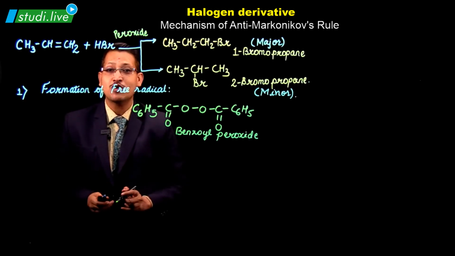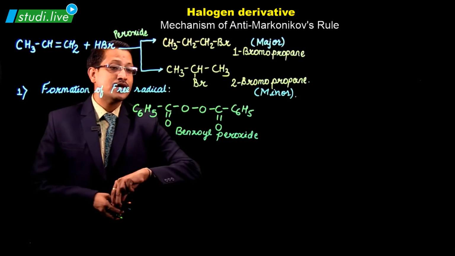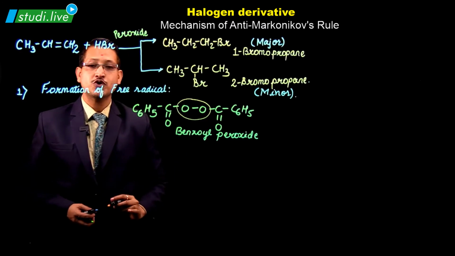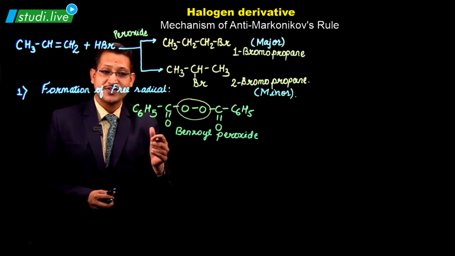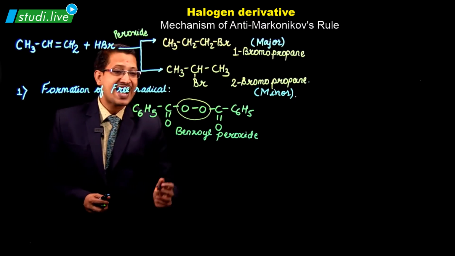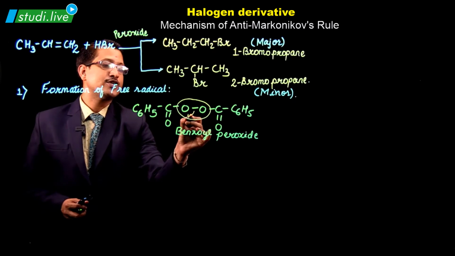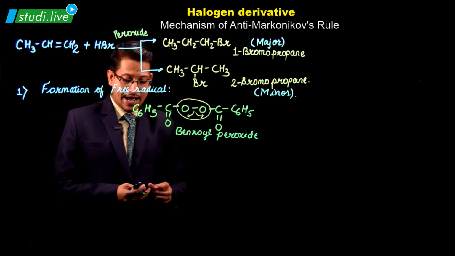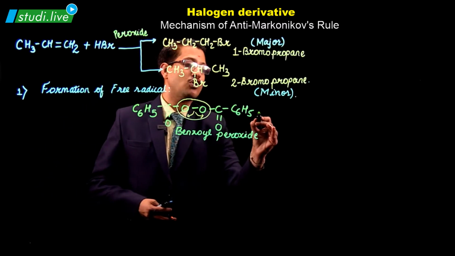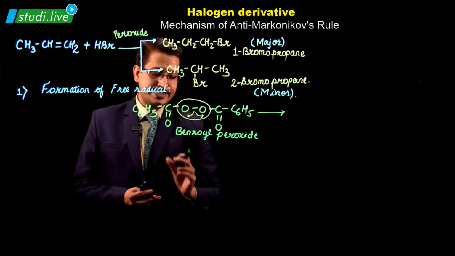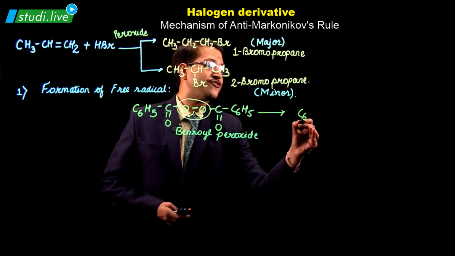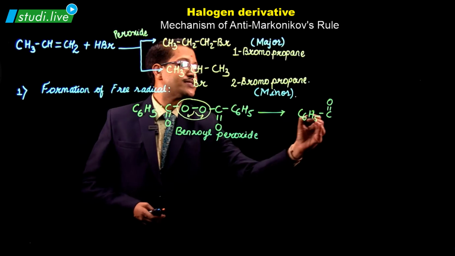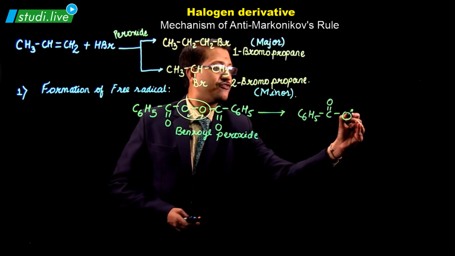Where will the homolytic bond fission take place? That's quite interesting. This O single bond O is the peroxide linkage, and this is where the bond begins to break as a homolytic bond fission. This gives you C6H5 C double bond O, single bond O with a free electron.